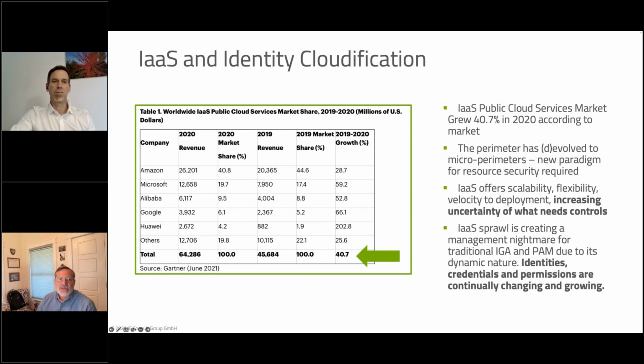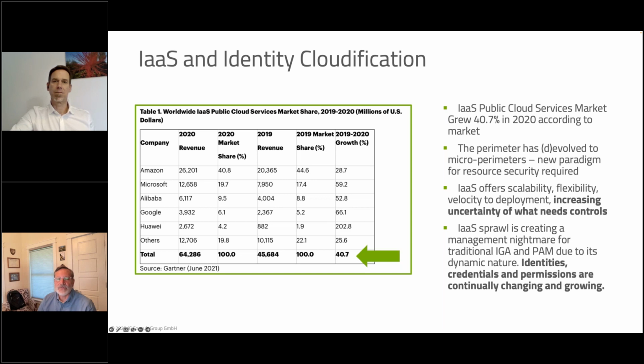Identity as a service, infrastructure as a service has grown considerably. Just between 2019 and 2020, Gartner published a study where we see this growth of 40% in the infrastructure as a service market.